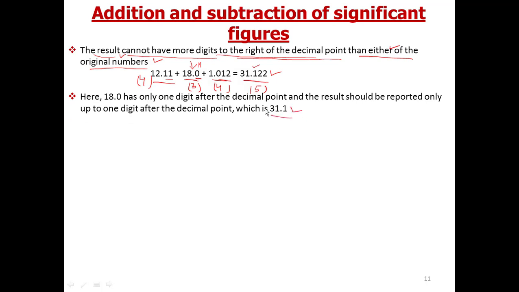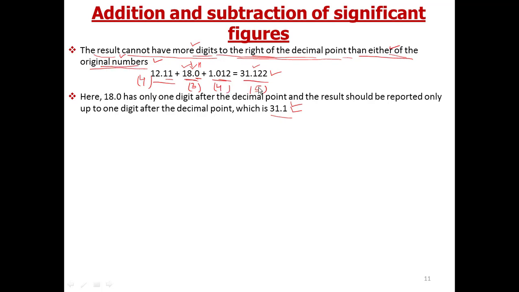So if we have to represent the result of this addition, it will be 30.1 according to this rule, which says that the result cannot have more digits to the right of the decimal point than either of the original numbers. We have to see all the numbers.